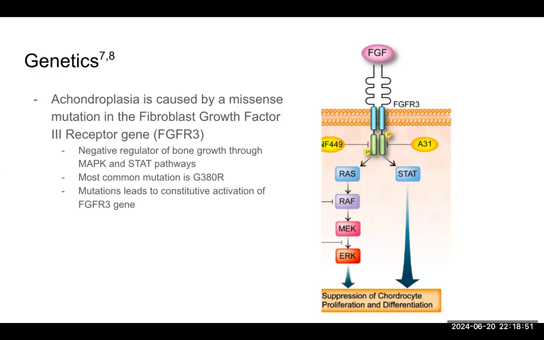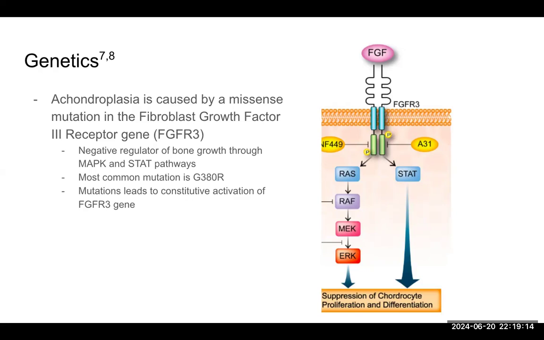This specific ligand is fibroblast growth factor, or FGF. Once bound, this starts a signaling cascade that activates MAPK and STAT pathways, as shown in this image. These pathways negatively regulate chondrocyte proliferation and differentiation, essentially telling the cells to stop growing.